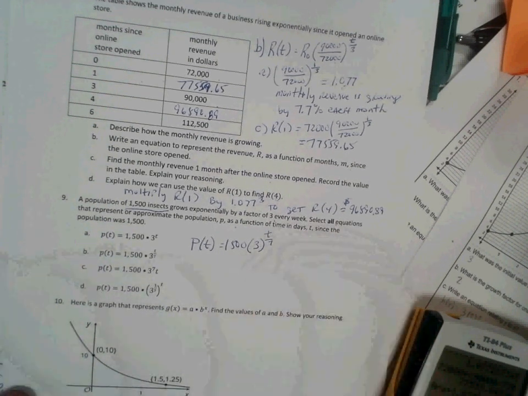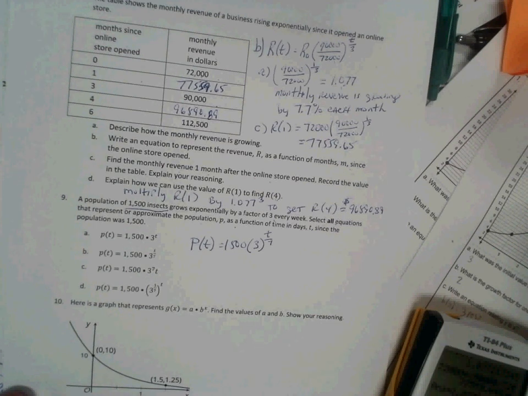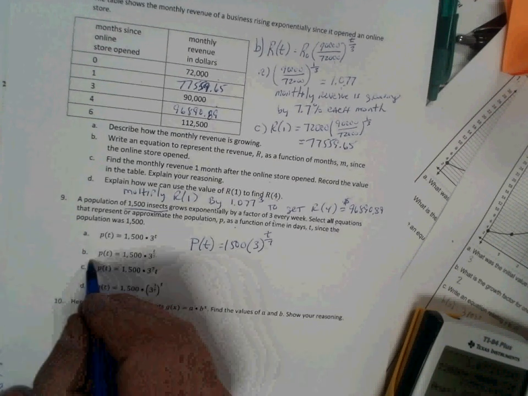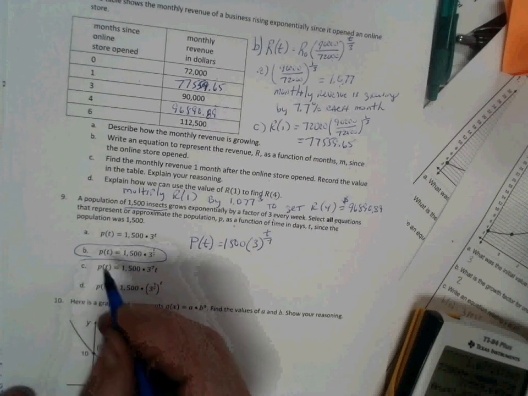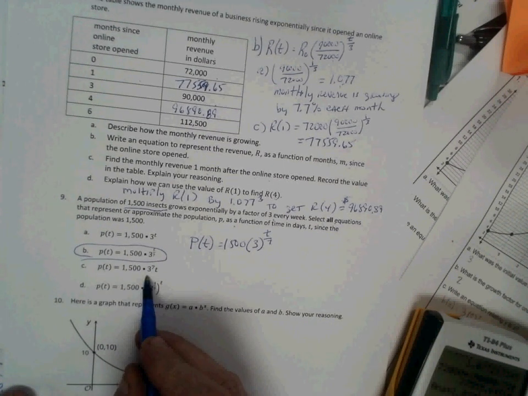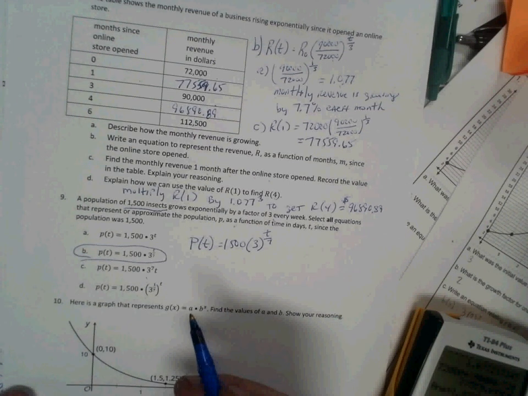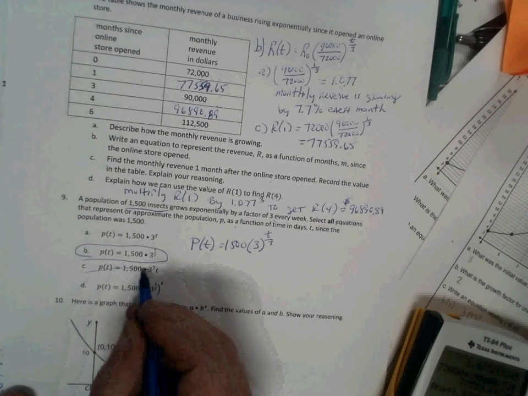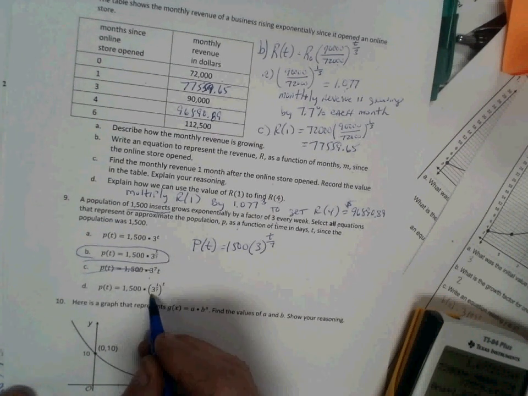So this goes to T over 7, right? This is definitely one. This one doesn't look like one, does it? No. This is not one.